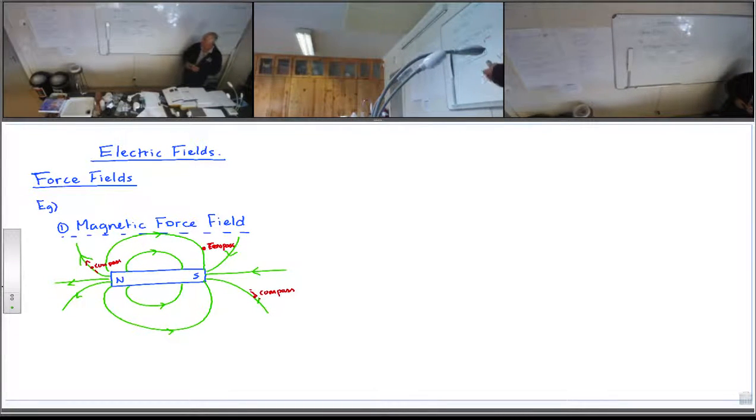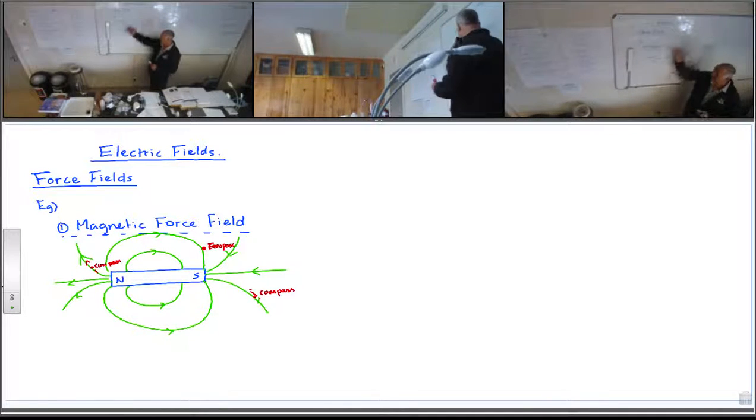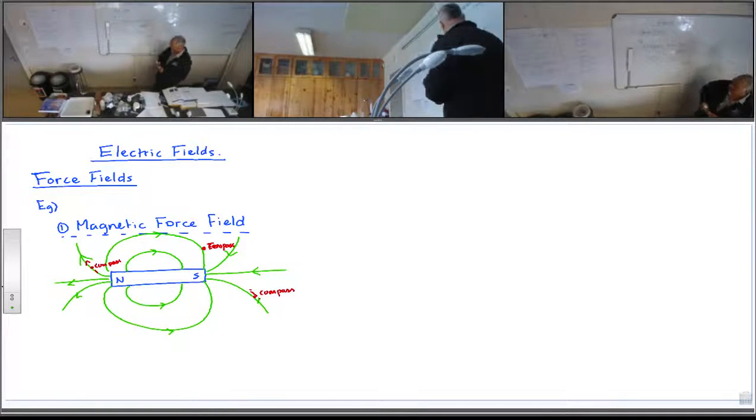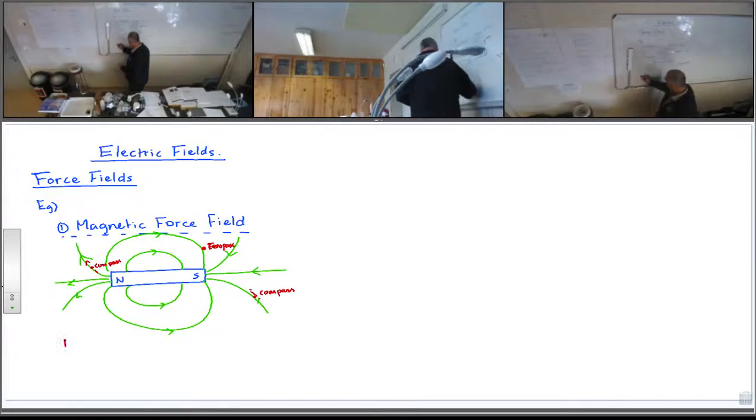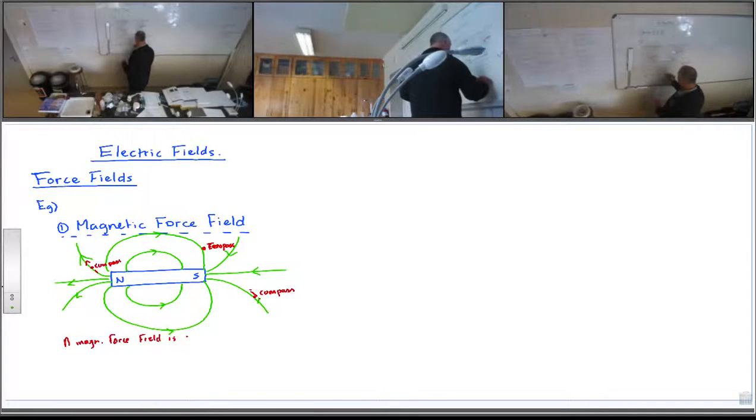So can anyone tell me what is a magnetic force field? Is it a flat thing? Is it 3D? Is it on top of the magnet as well and underneath the magnet? Yes. Okay. So a magnetic force field is an area in space.